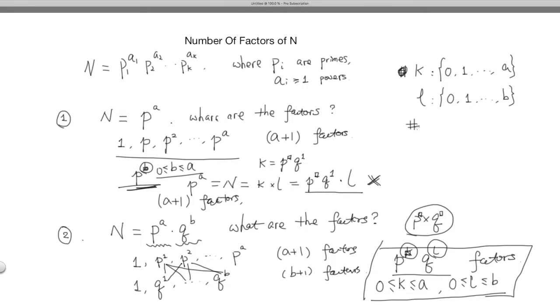So the number of k choices is going to be a plus 1. The number of l choices is going to be b plus 1. So the total number of p to the power k, q to the power l possible things, the total number of factors, is going to be the number of k times the number of l, which equals (a plus 1) times (b plus 1).